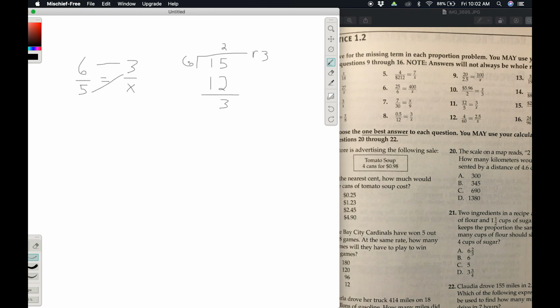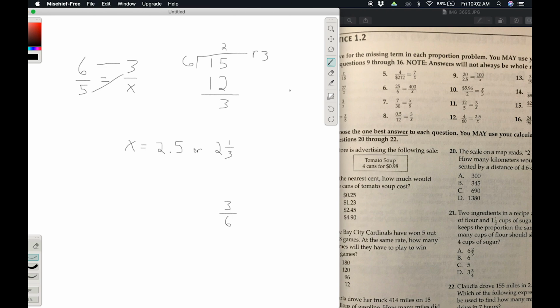So the answer here is x equals 2.5, because we know that 3 remaining of 6, anytime you have the top number that is half of the bottom number, we know this represents half.